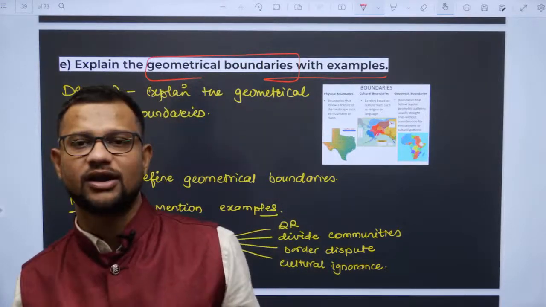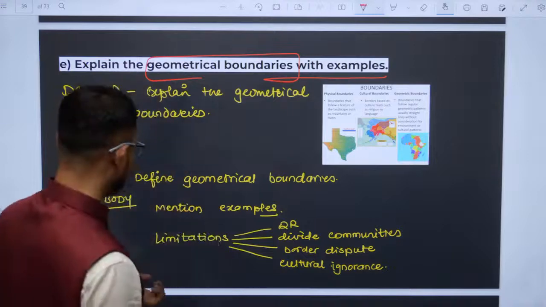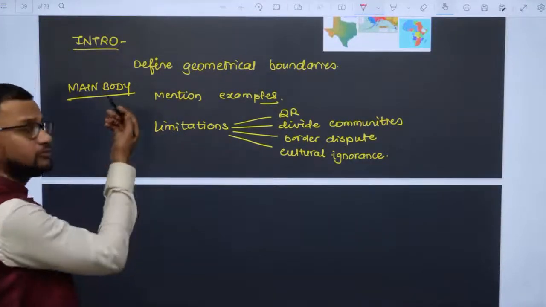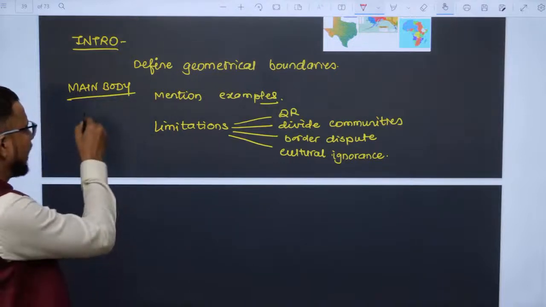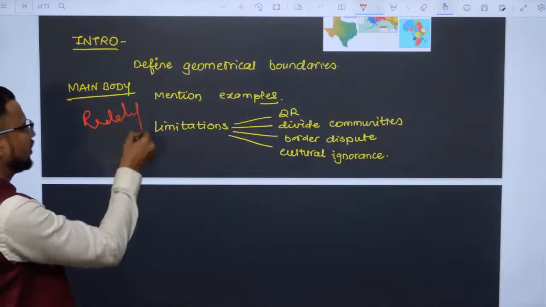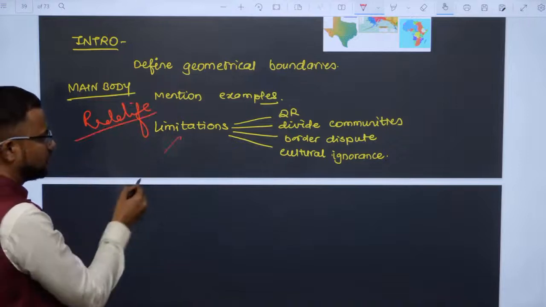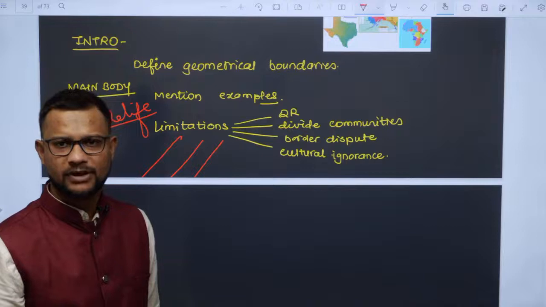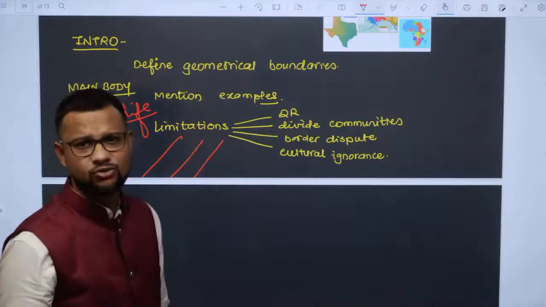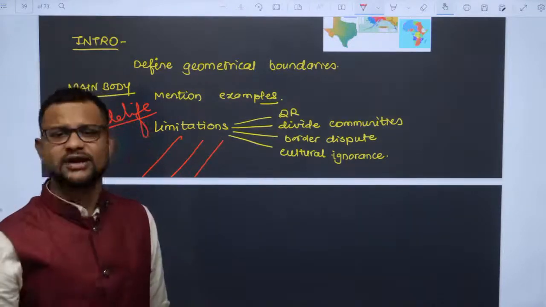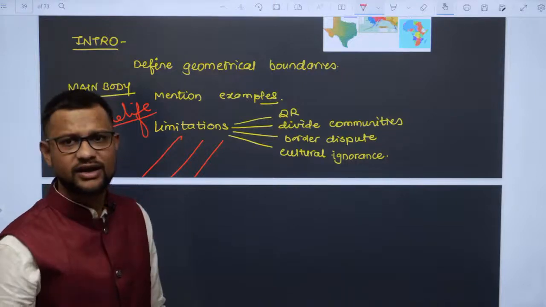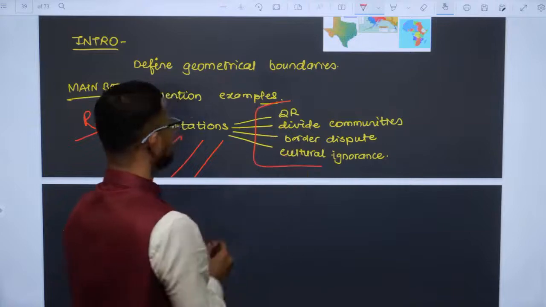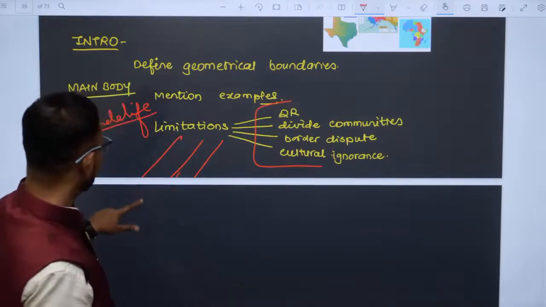Now explain with examples. For India, Radcliffe used geometrical boundaries: on paper he drew a straight line that divided India and Pakistan. US-Canada is the best example of that kind. And even African countries are the result of this.